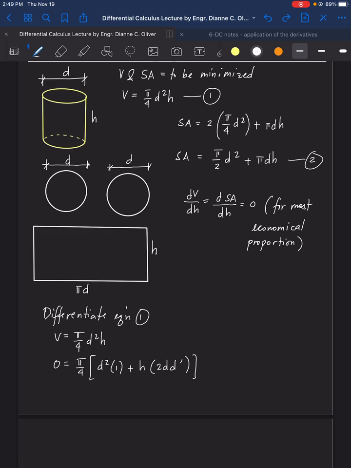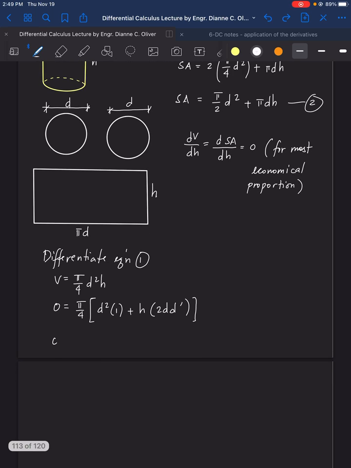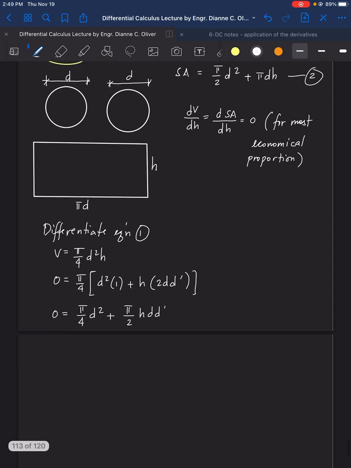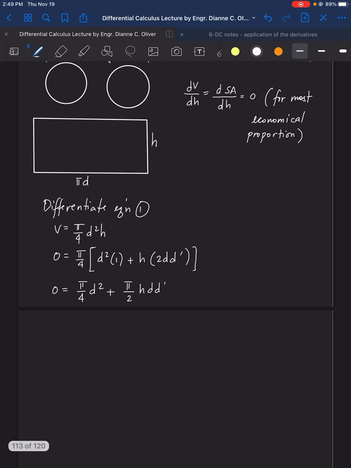Next, simplify. 0 equals, we distribute pi over 4 times d squared plus h times 2d d prime. Let's keep the pi over 4 here.